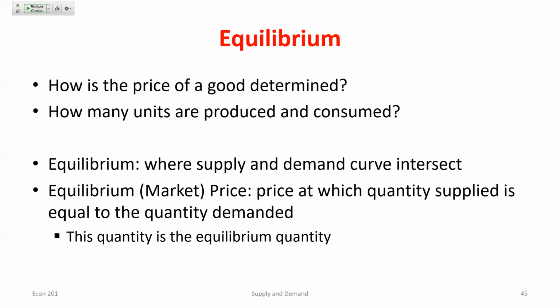And the reason we stop at that point, well, think about it. For a consumer, at a quantity short of this, the marginal benefit to the consumer is greater than the marginal cost to the producer to provide it. Right?